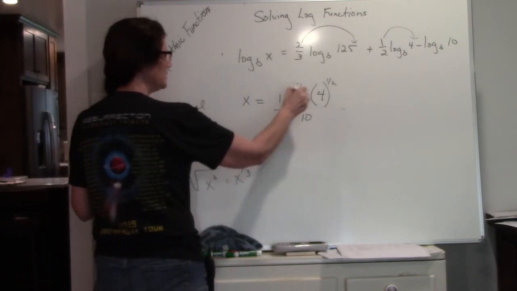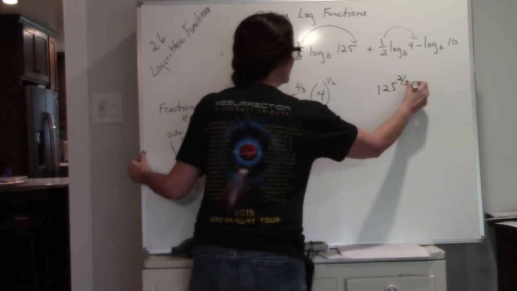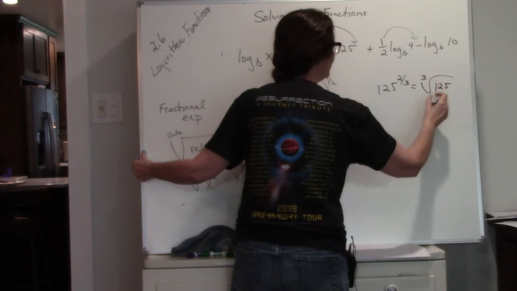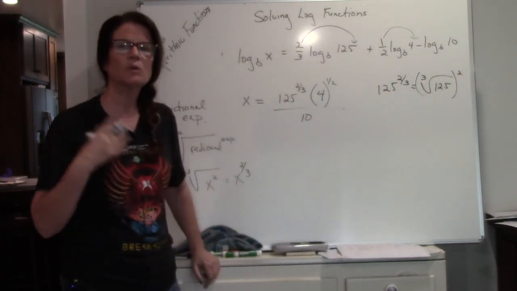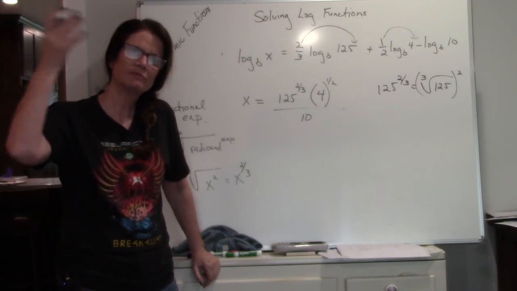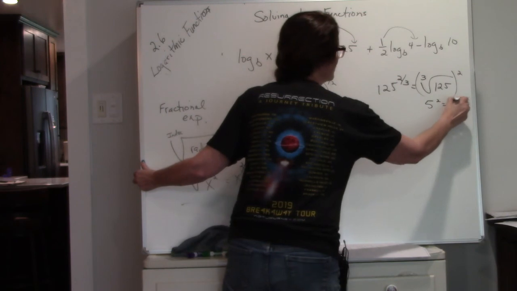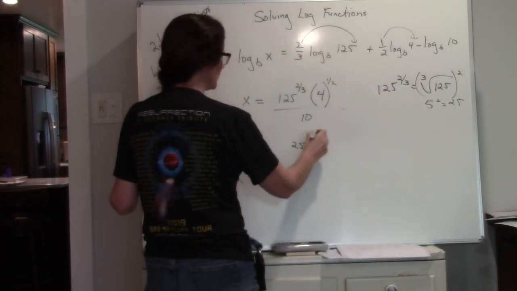So this 125 to the 2/3 is actually saying the cube root of 125, that answer squared. Okay, so what's the cube root of 125? 5. 5 squared is 25. So this number right here becomes 25.